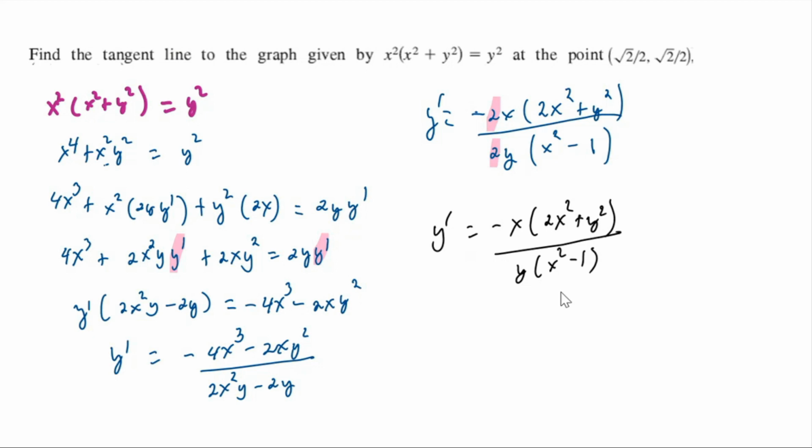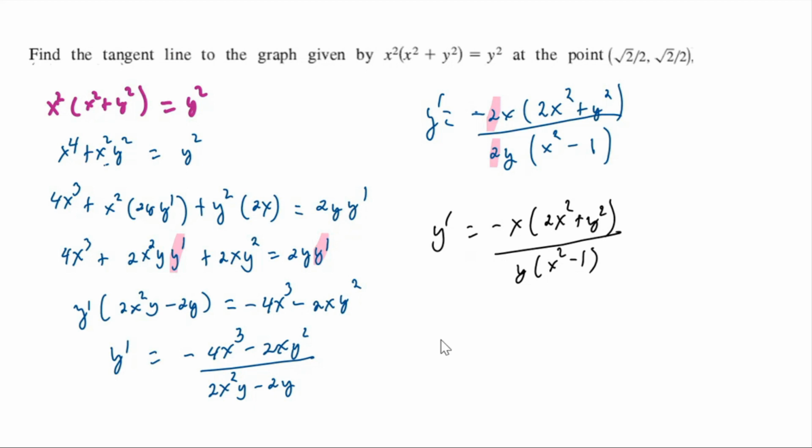Okay? And since we are asked to find the tangent line to that given graph, and we are also given the point x and y, then we are going to substitute that one into the derivative.